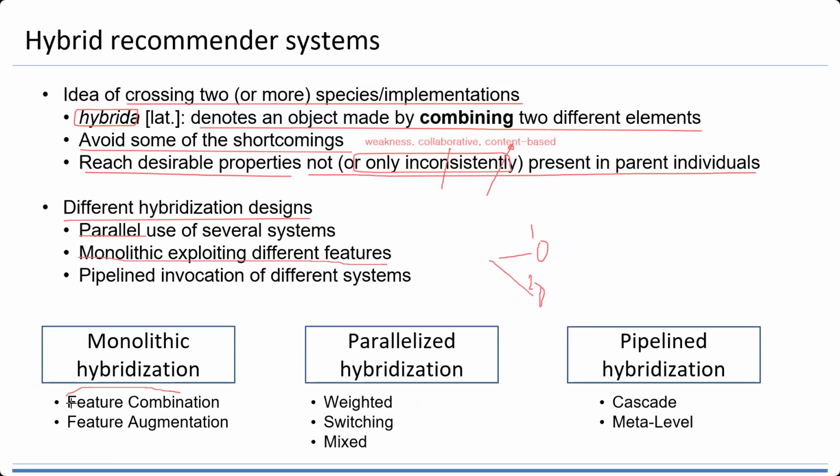We can take a look later at the feature combination or feature augmentation. Pipeline means we look at one method and then combine it with another method, and another method, in sequence. We will take a look at each of them: monolithic hybridization, parallelized hybridization, and pipeline hybridization with their methods.